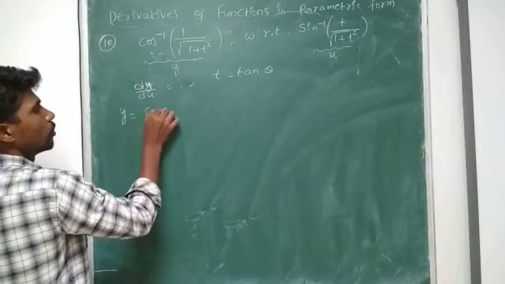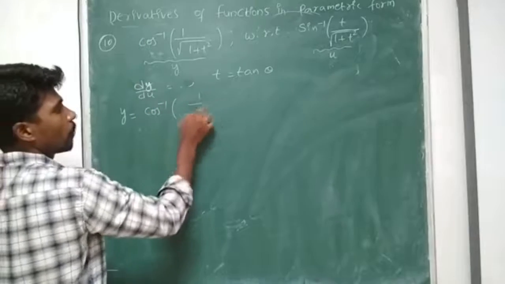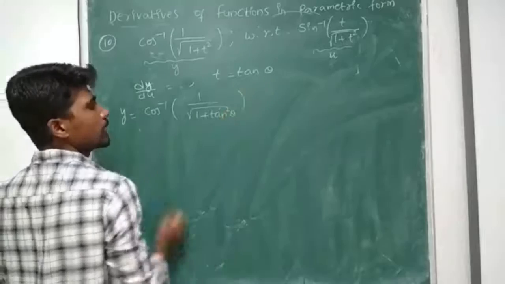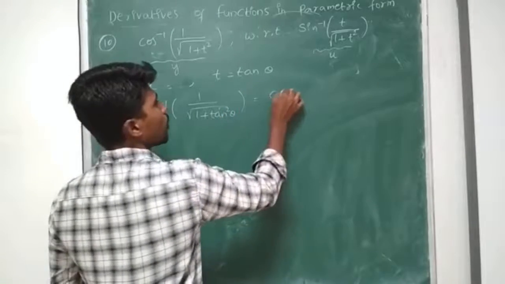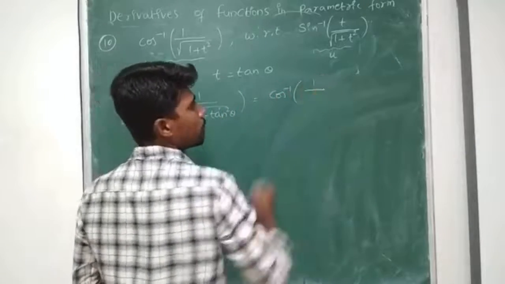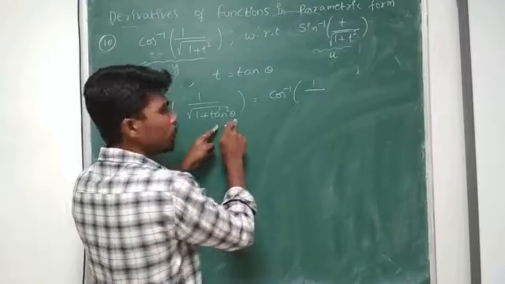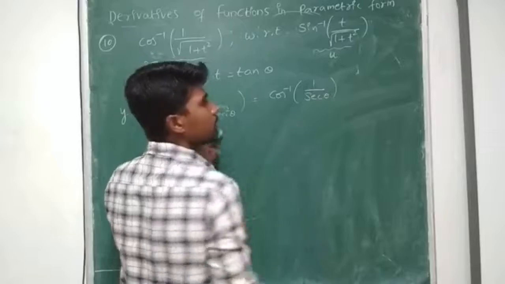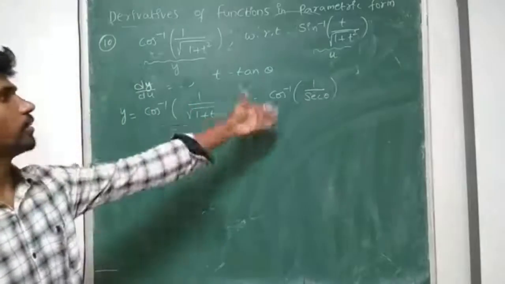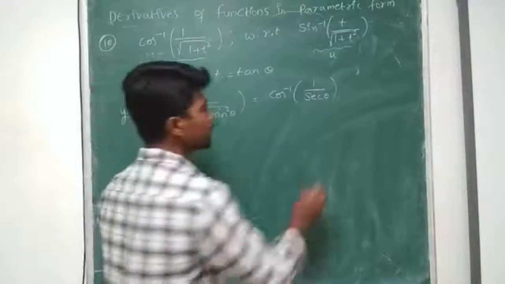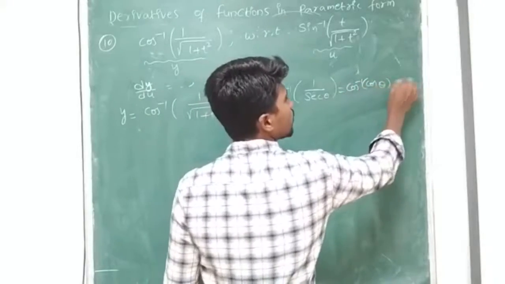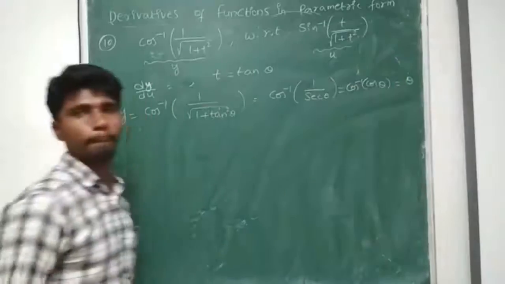Y is equal to cos inverse of 1 by root of 1 plus tan square theta. Root secant square theta is nothing but secant theta. So cos inverse of 1 by secant theta is nothing but cos inverse of cos theta, which is theta.